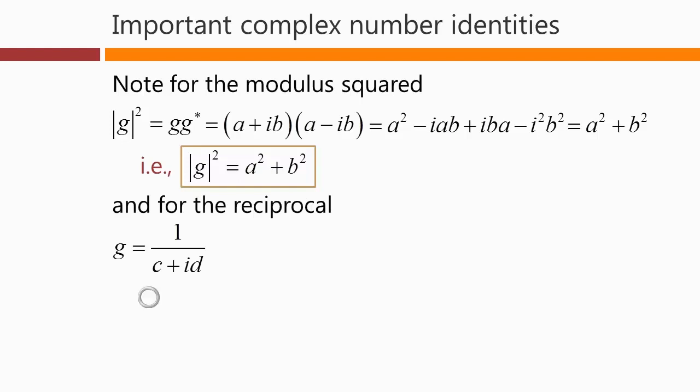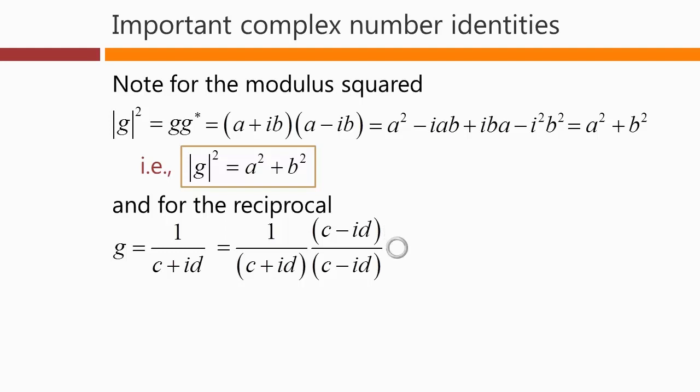For the reciprocal of a complex number, it's not immediately obvious that this can also be written in a form like a plus ib, but it can be. So if we have a number that's 1 over c plus id here, we can multiply by c minus id on the top and bottom lines. We can multiply out this bottom line, that just comes to c squared plus d squared.